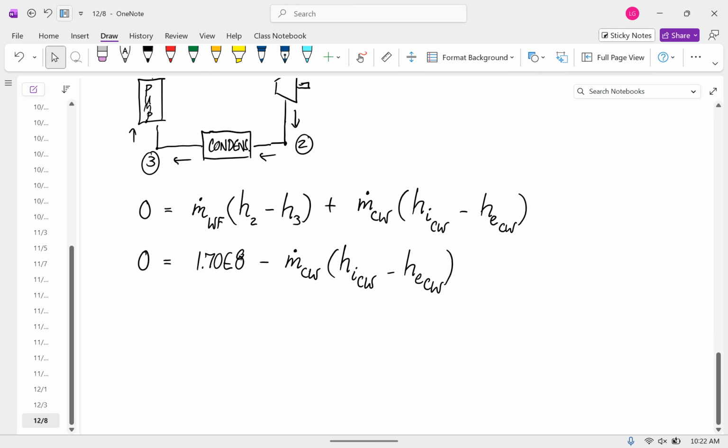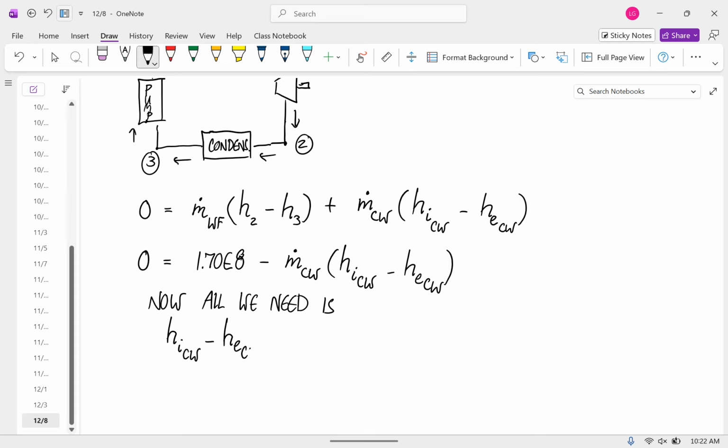So how are we going to get this difference in specific enthalpies? So now all we need is h_i for the cooling water minus h_e for the cooling water. We're trying to calculate that m dot.